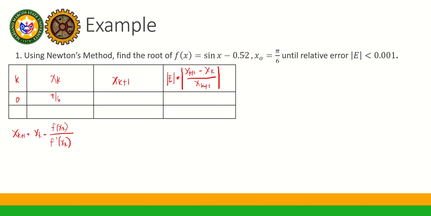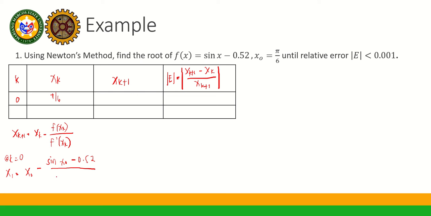This one, si sin x minus 0.52. So, at k is equal to 0, x sub 1 is equal to x sub 0 minus sin x sub 0 minus 0.52 all over the derivative of this one.